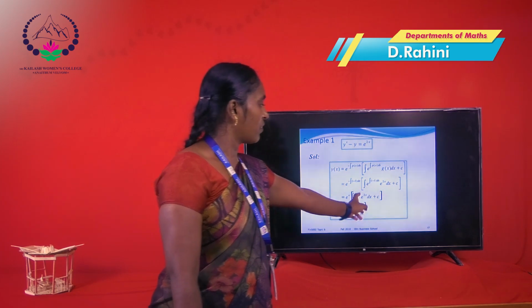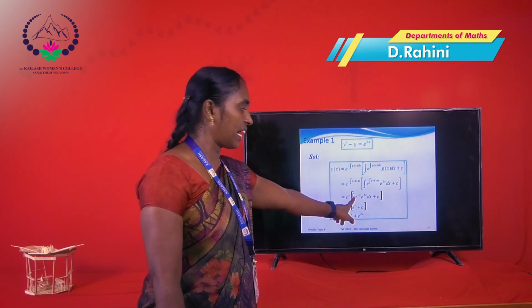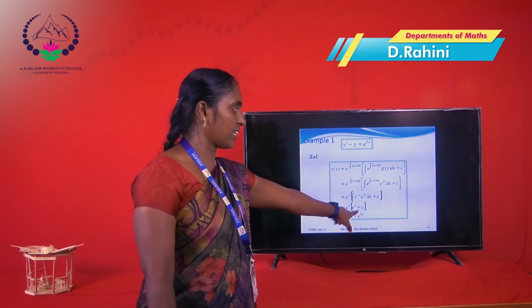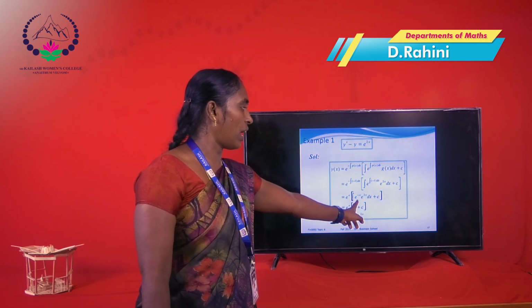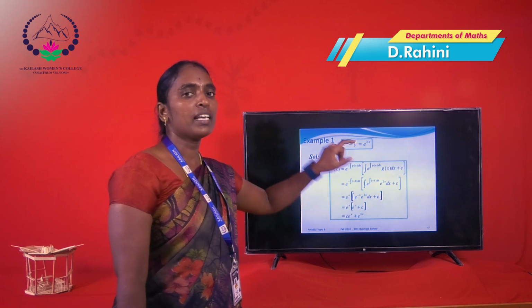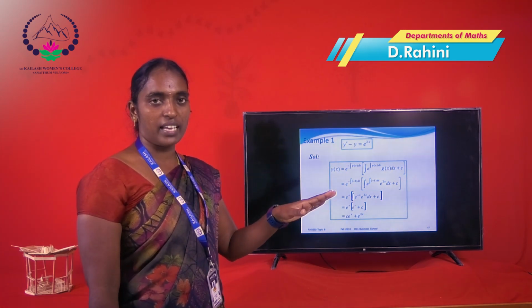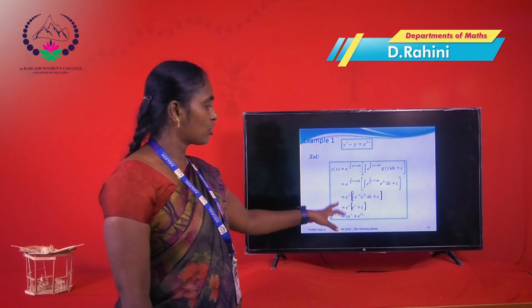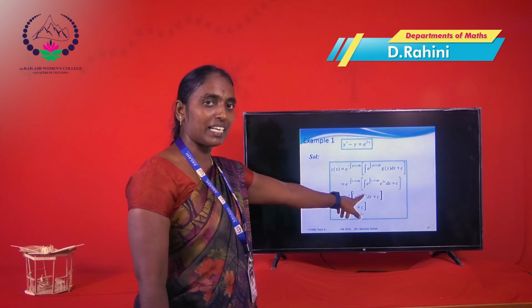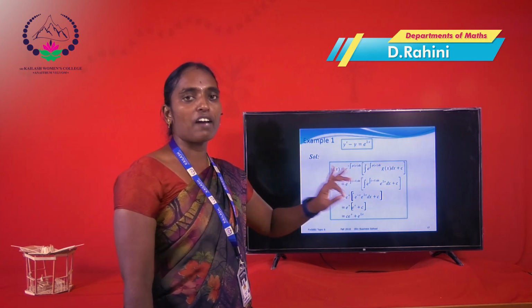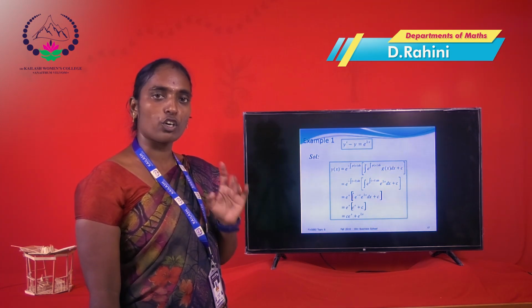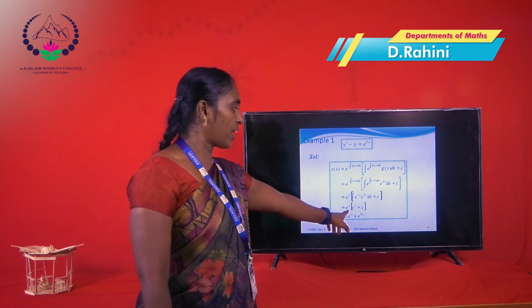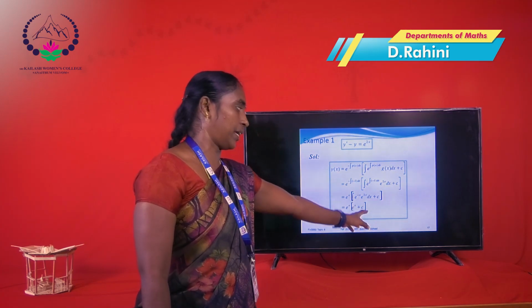We simplify to the integral of e^(−x) into e^(2x) dx plus c. We add these powers: 2x − x gives e^x. So this term simplifies to the integral of e^x dx. Integrating e^x, the result is also e^x, so e^x plus c.